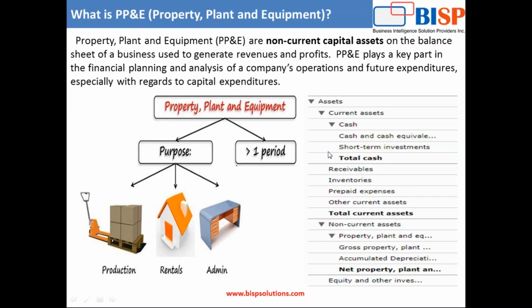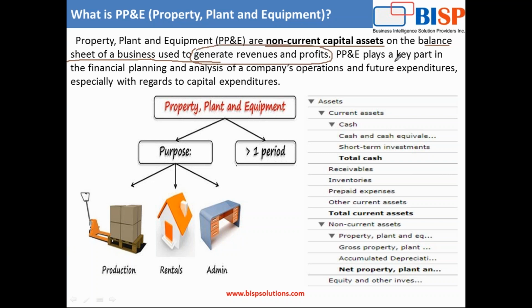And finally, a little more detail about property, plant and equipment. Property, plant and equipment is a head actually. Under this, there are various elements. So property, plant, equipment are non-current capital assets. They are non-current, and they are shown on the balance sheet. Just now I showed you that the business uses them to generate revenue and profit for the organization.